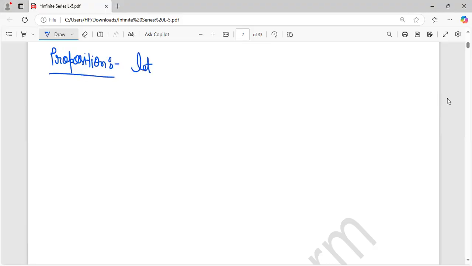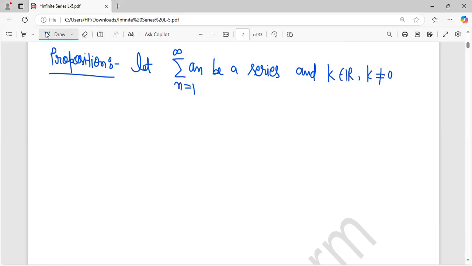Let summation n goes from 1 to infinity a n be a series, and k belongs to R, k is a non-zero real number.